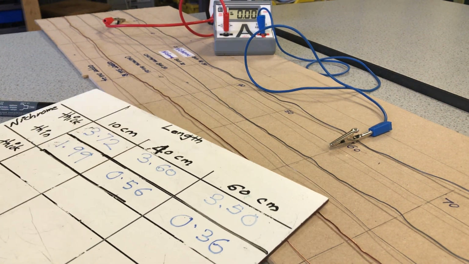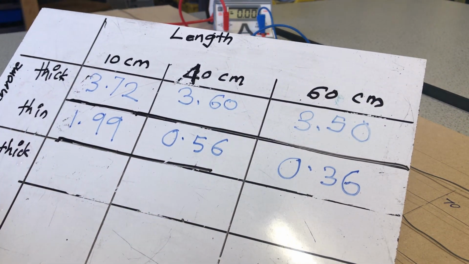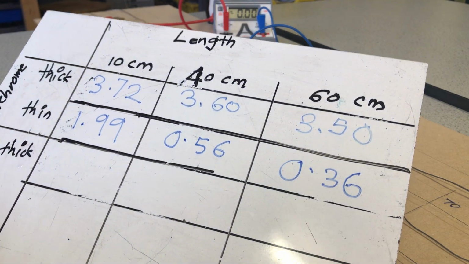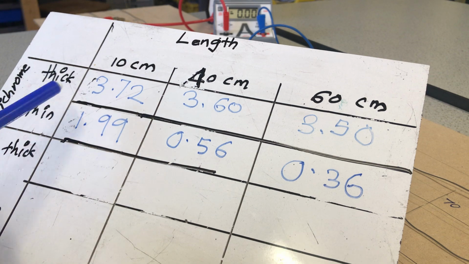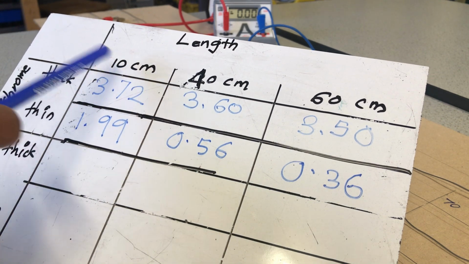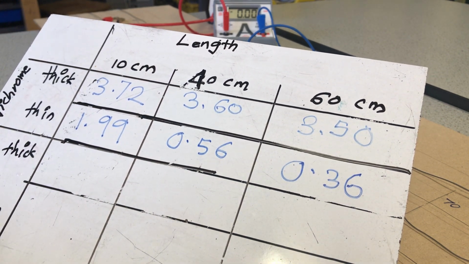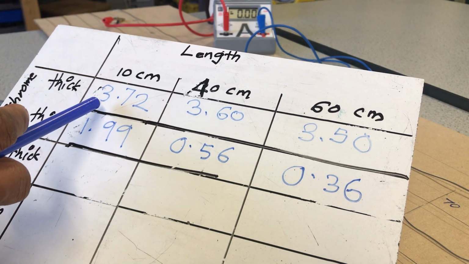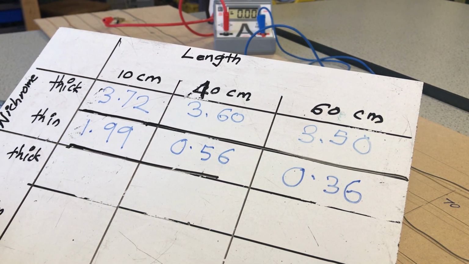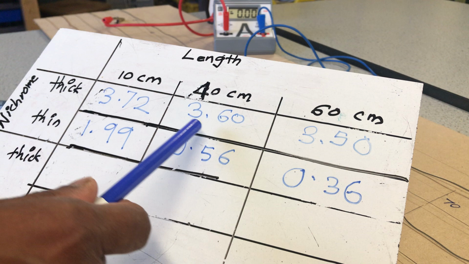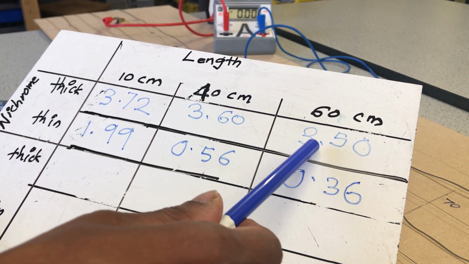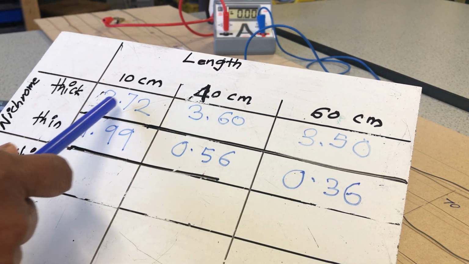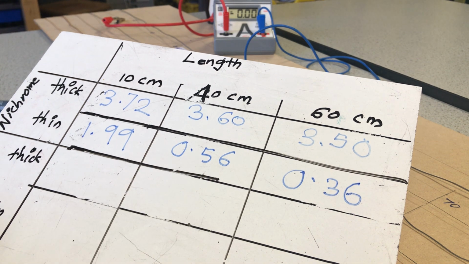And now we are going to analyze these readings. For nichrome thick wire at 10 centimeters, we got the current 3.72. When it gets longer, 3.60 and 3.50. It's getting reduced and reduced.